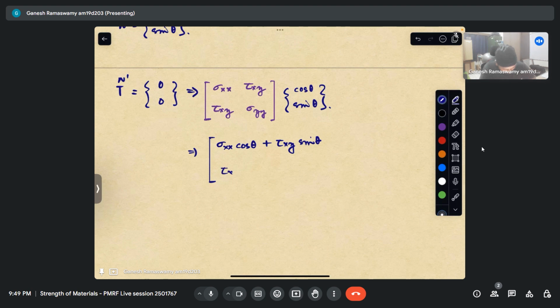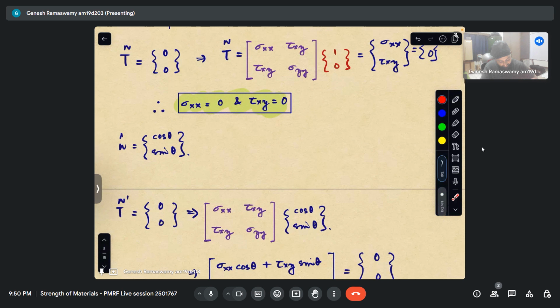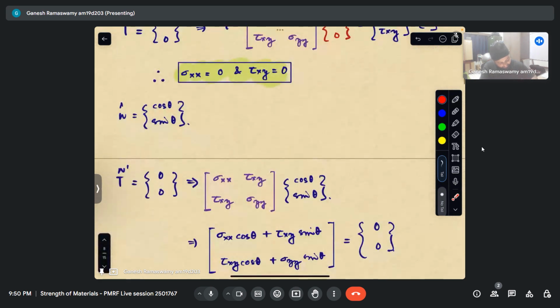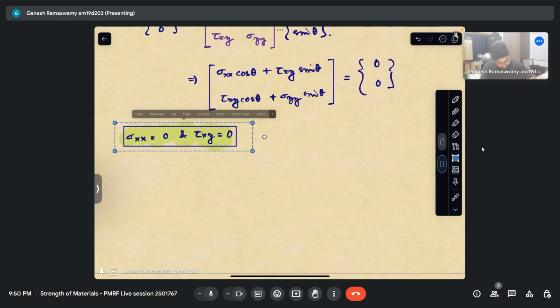So this is tau xy cos theta plus sigma yy sin theta. And this has to be equal to 0 because this is a free surface. So this much we know. But from our previous result, we already know that sigma xx and tau xy are 0 here. So let us just substitute that. I am just substituting this information from the other plane which I got.